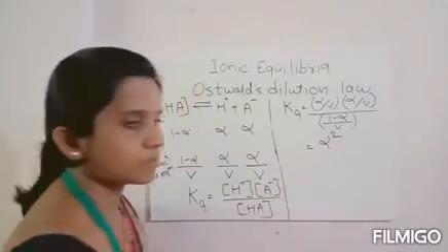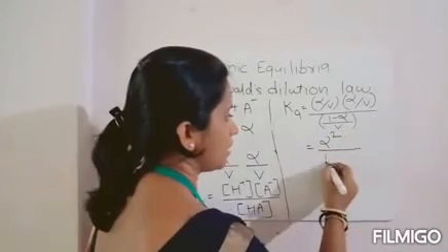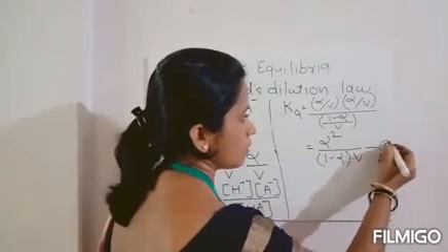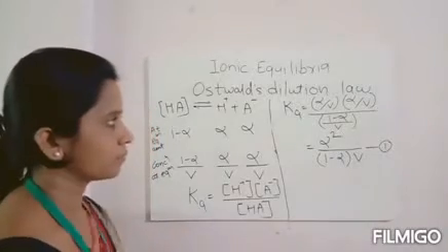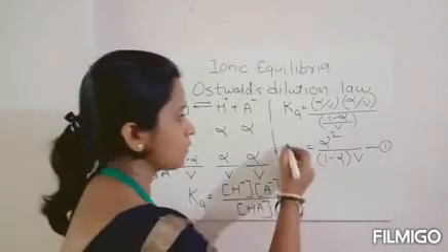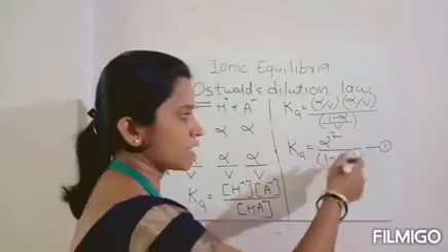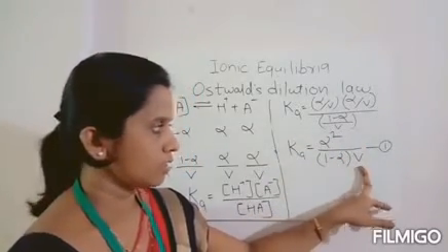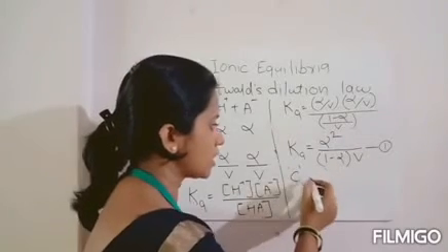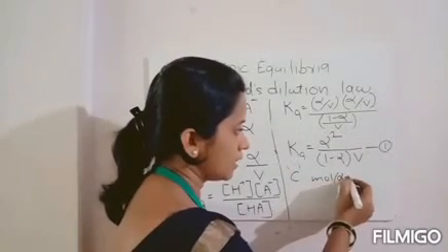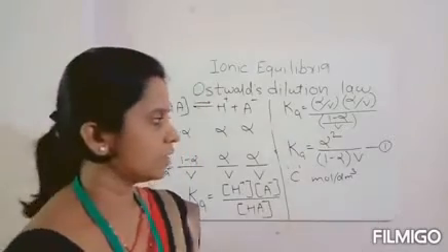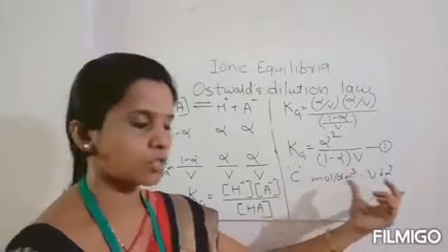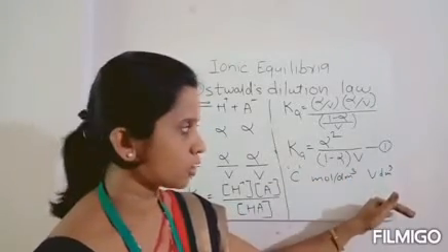So the expression is alpha square divided by 1 minus alpha into V. This will be equation number 1. Suppose C is the concentration in mole per decimeter cube in V decimeter cube volume of solution.